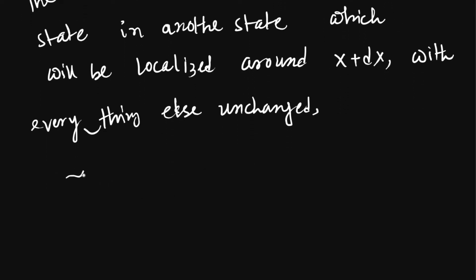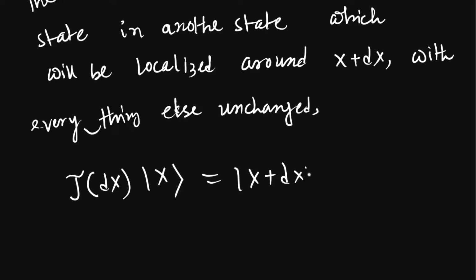Mathematically, this means the translation operator tau dx operating on x will change its state to x plus dx.